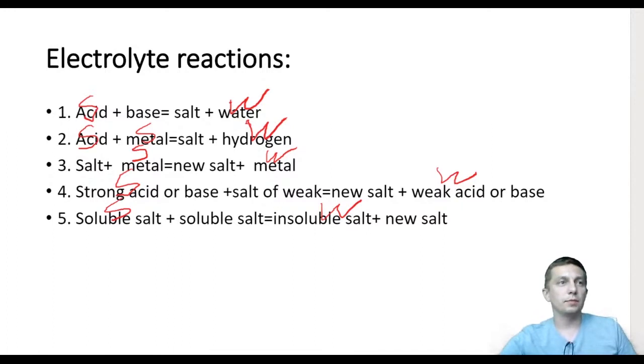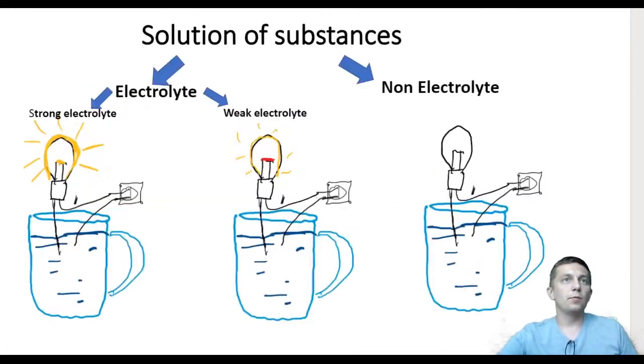So all tendency for all electrolyte reactions is from strong you get weak. A general principle. As I said before, the behavior of all substances in solutions causes classification. All substances in solutions we can group into 2 groups, electrolyte and non-electrolyte. Electrolytes conduct electricity in solution, non-electrolytes do not. Some electrolytes are strong and conduct electricity well.